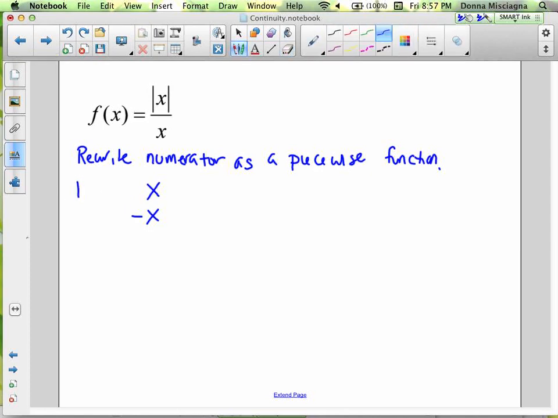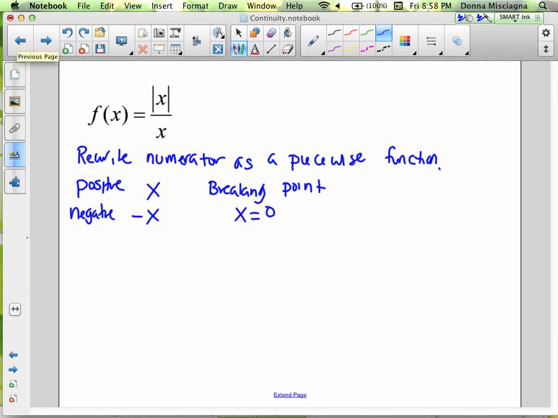So this is our positive, and this is our negative. No teeny tiny expression inside these absolute value bars. We need to know the breaking point. Well, you just set what's in the absolute value bars equal to 0. That's x, so 0 is our breaking point.